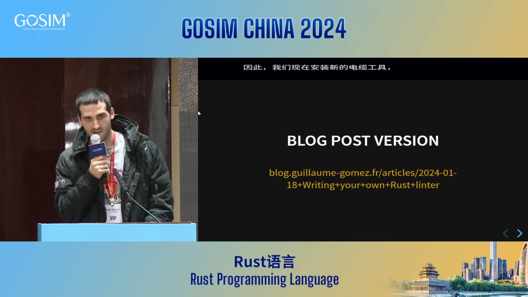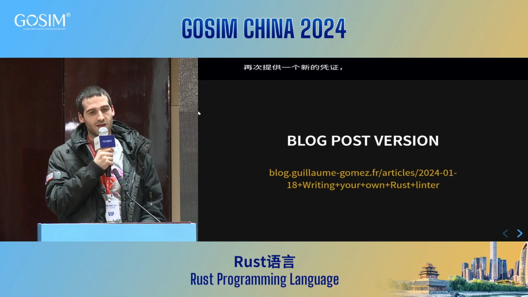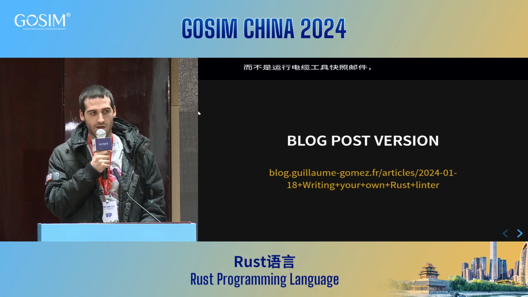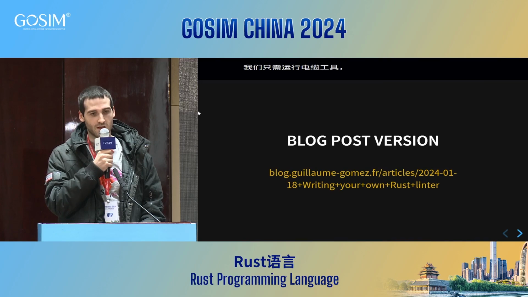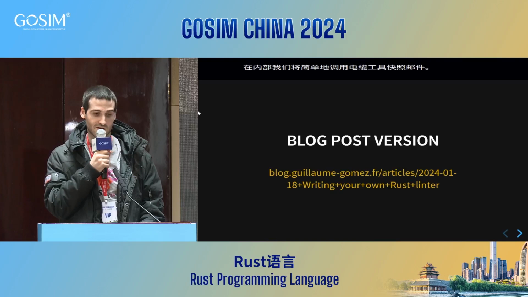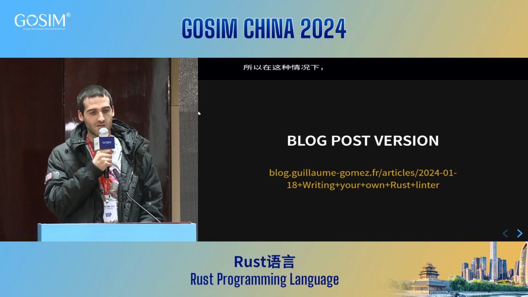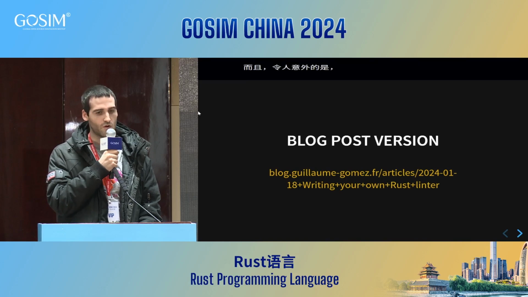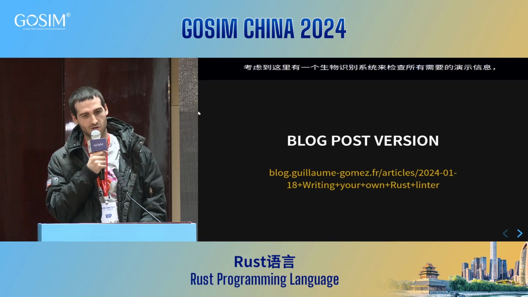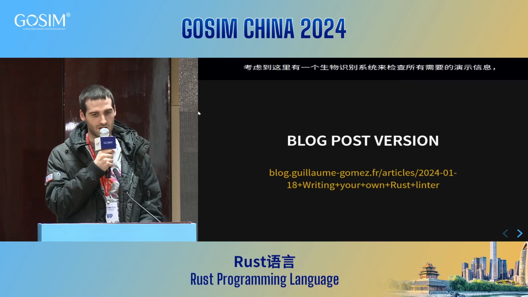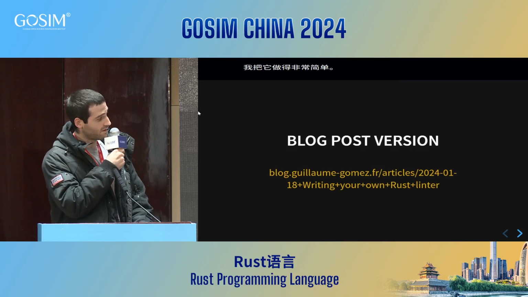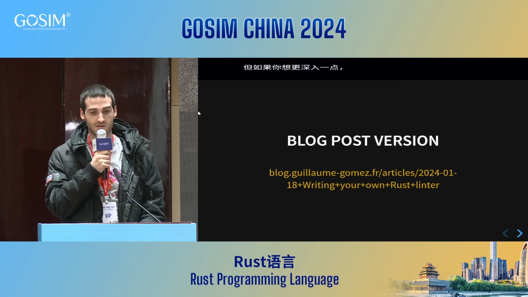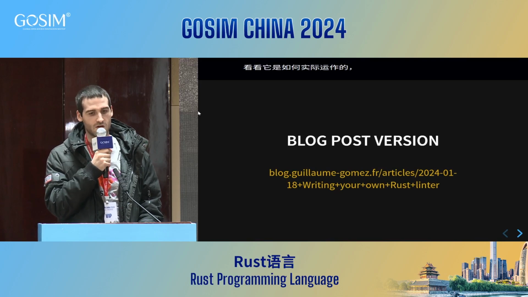So in this case, we simply saw how to write an early lint pass. Unsurprisingly, considering there is no borrow checking or any type information, for the needs of this presentation I made it very simple. But if you want to go a bit further and see how types actually work and have more information about where to find the compiler documentation and everything, you have that available on my website and in this much longer blog post.